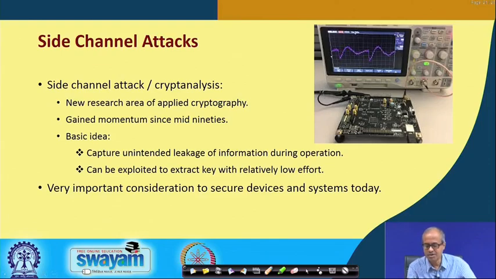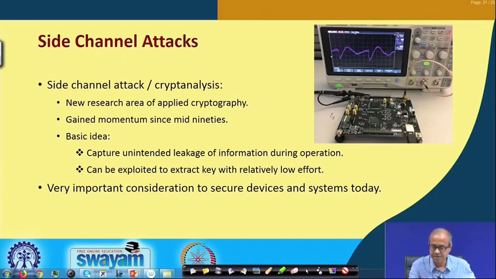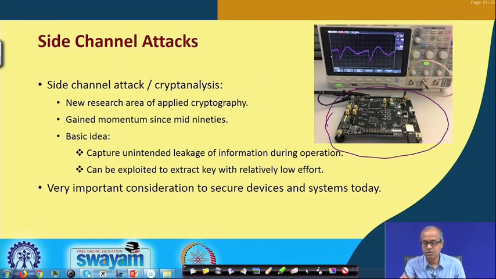Here we show some kind of a circuit board which is doing something, and you see here we are showing some kind of an oscilloscope, an instrument which using a probe is connected to this board. While this board is carrying out some operation, I am observing what is going on. I am observing some kind of waveforms in the axis of time.